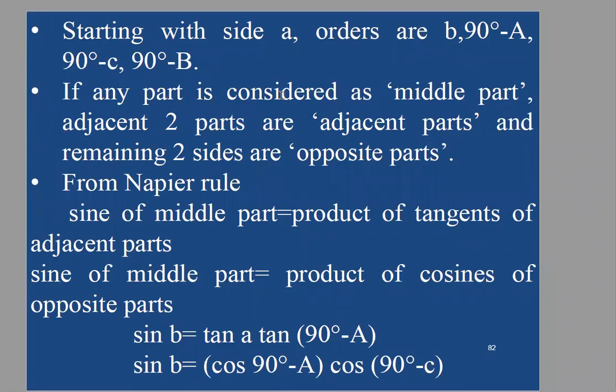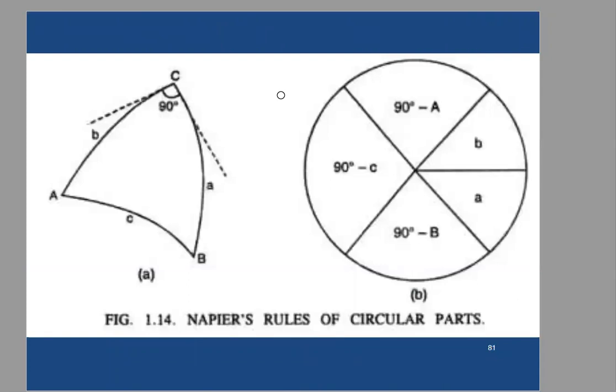Starting with the side a, the order is b, 90 minus A, 90 minus C, and 90 minus B. So if we start from here, the parts are b, 90 minus A, 90 minus C, then 90 minus B. These are the angles.